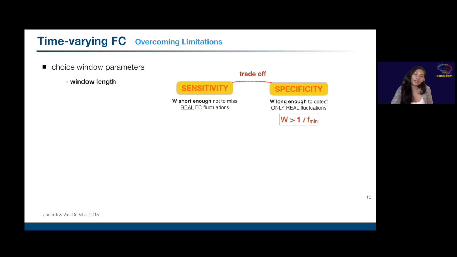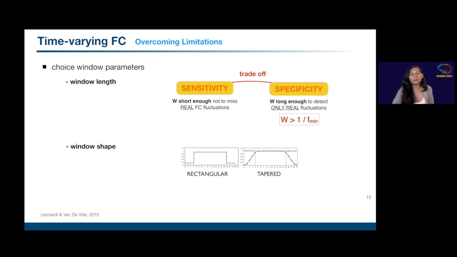Then, of course, another important aspect of the parameters that has to be overcome is the window shape. The most commonly used shape for sliding window analysis so far is the rectangular one. But other studies have also tried to explore using tapered windows, which give less importance to the boundaries of the windows.